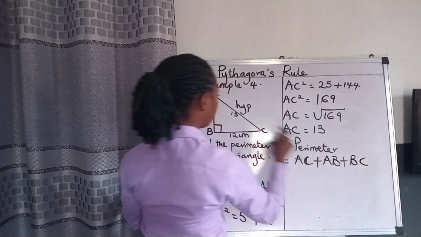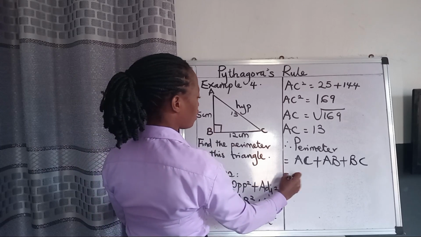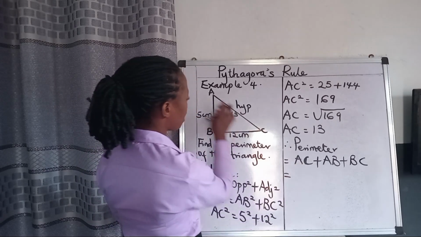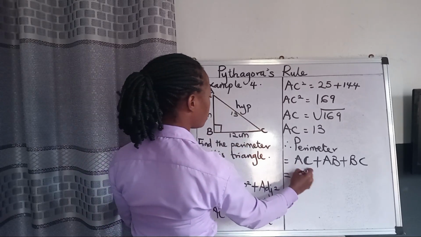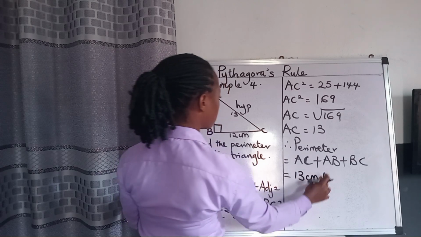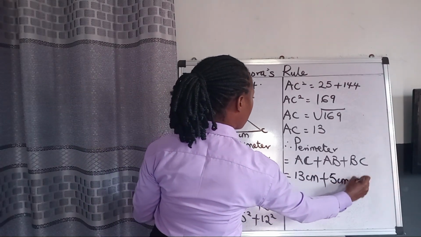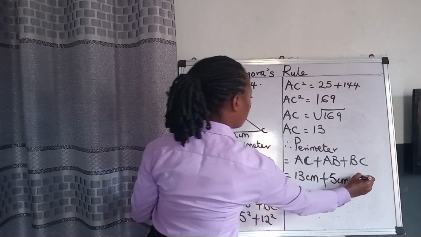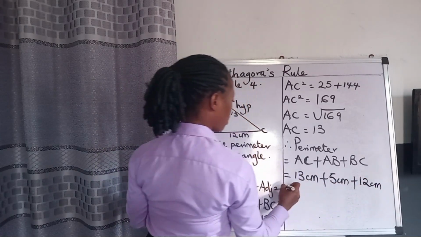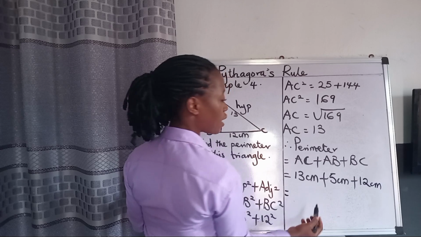We add the three sides together to get the perimeter. So AC, according to what we found, is 13 centimeters. AB is 5 centimeters. And BC is 12 centimeters. So we're going to add up everything together to get our perimeter.